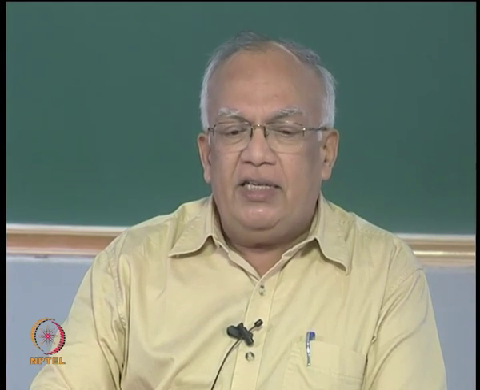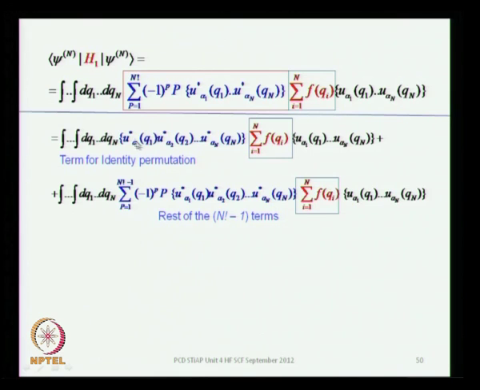So for the identity I will have u alpha 1 star q1, u alpha 2 star q2, up to u alpha n star qn. This is just the complex conjugate of what you have on this side, okay, that is the one which comes from the identity, and then you have got the remaining permutations, and how many are there?